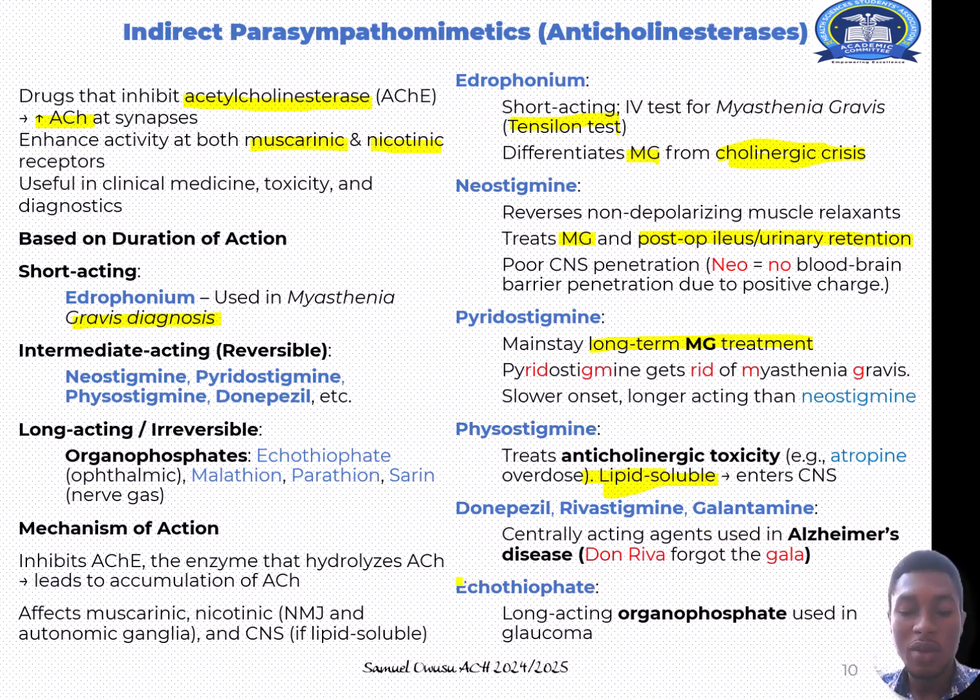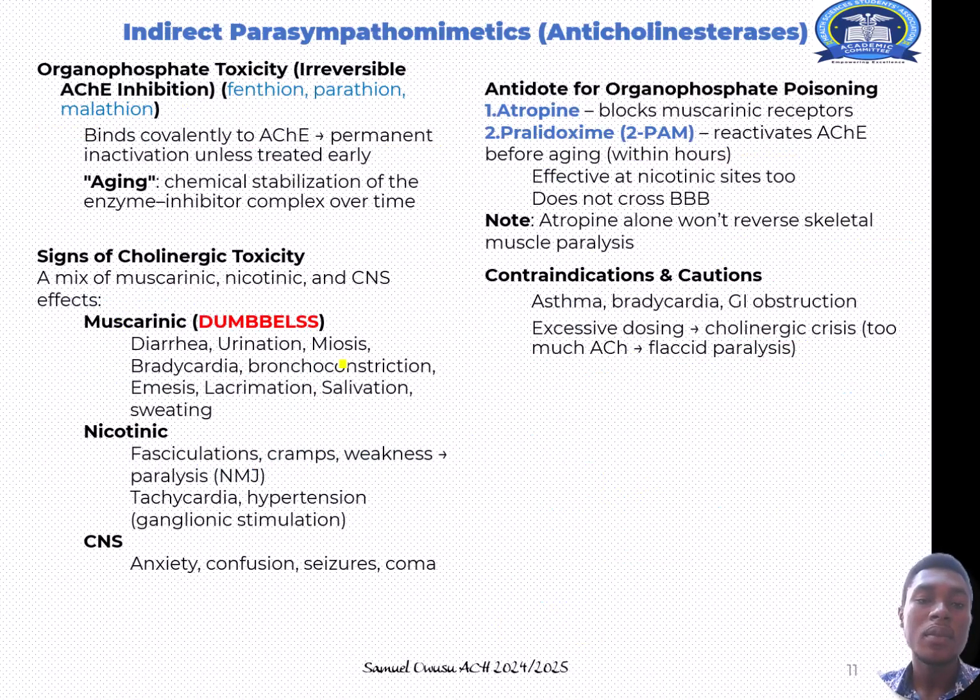We also mentioned ecothiophate, an organophosphate, is used as a long-term management in glaucoma. So if we have organophosphate toxicity like parathion or malathion toxicity, then what happens is that because these are irreversible agents, they tend to cause aging, which is chemical stabilization of the enzyme over time.